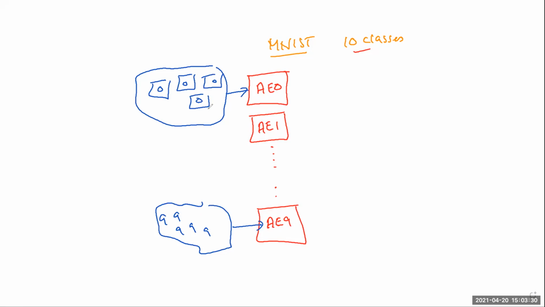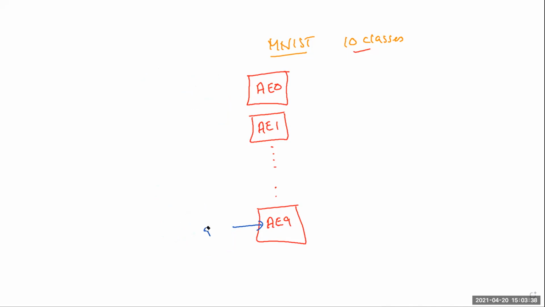Now let's see how we can use it for classification, how it will predict. I'm assuming the model is trained, so I'm getting rid of this training data. Now we are at the test time. And what happens at the test time? You have a query, maybe this image, and you have to tell the class label that this is 9. And you already know that this one is coded for 0, this is for 1, and this one is for 9.